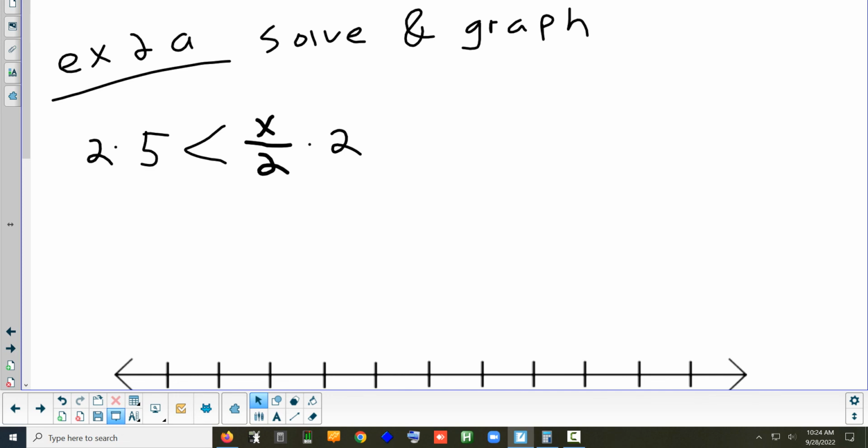On the right, when you divide something by 2 and then you multiply it by 2, those two things cancel each other out. It's like adding 3 and then subtracting 3. Just brings you right back to the beginning where you started. So the 2's are gone. And on the left side, what do I get on the left, Alex? What did you get on the left?